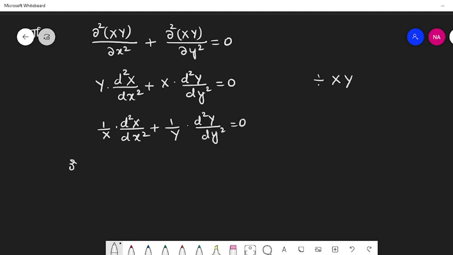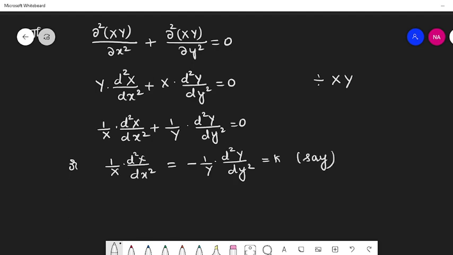Or you can write this as 1 by X into d square X by dx square equal to minus 1 by Y into d square Y by dy square. You can call the common value as k. Right?